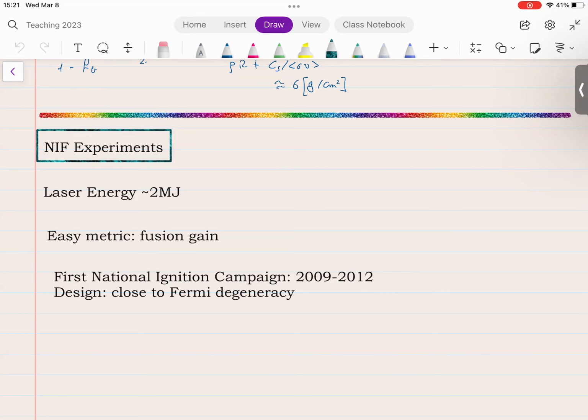Unfortunately, what was found is that this made the fuel very susceptible to instabilities. So that means this beta F equal to 1 will mean that you're in a fully degenerate state.